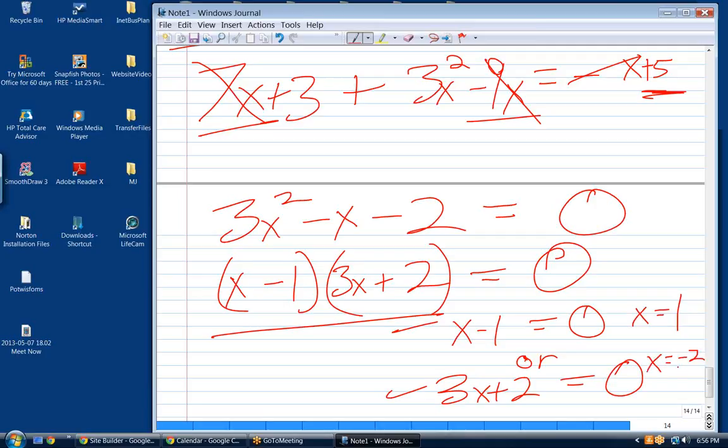So those are two solutions right there. And quadratics almost always give you two solutions. The moment you get this into a quadratic, you know you're going to have two solutions, because it's always going to be something times something else equal to 0, and we set that equal to 0 and solve, and we set that equal to 0 and solve.